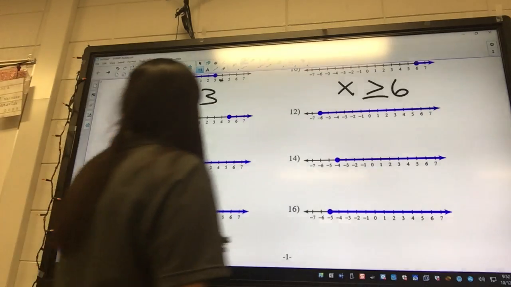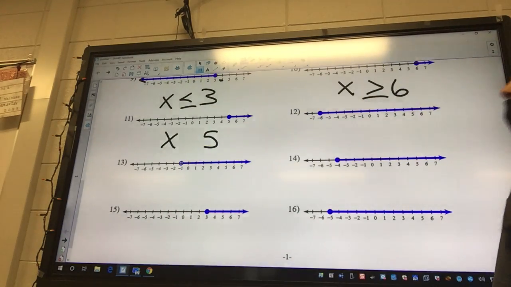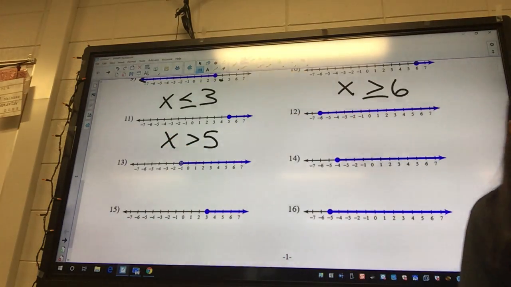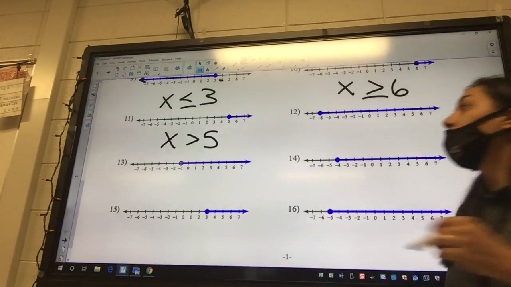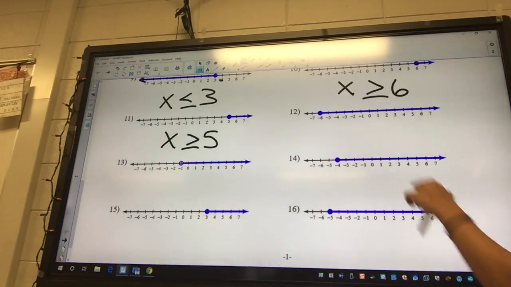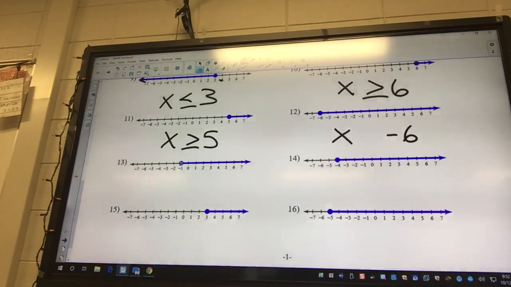For 11, we got x, 5. Which way should it be pointed? To the right. Does it need a line under it? Yes. For 12, we got x, negative 6. Which way should it be pointed?